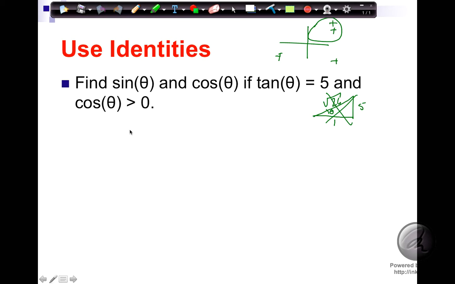Using just our identities, we know that tangent squared of theta plus 1 is equal to secant squared of theta. Now that doesn't really help me yet because I don't have sine and cosine, but we know tangent of theta is 5, therefore tangent squared is 25.